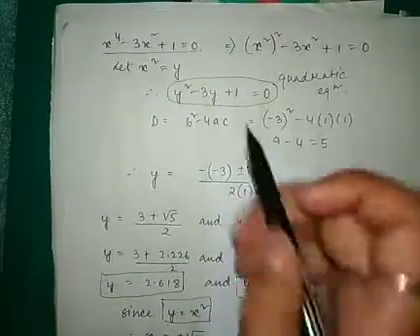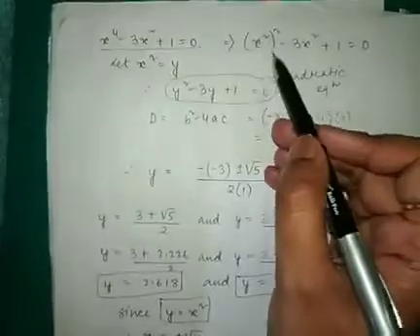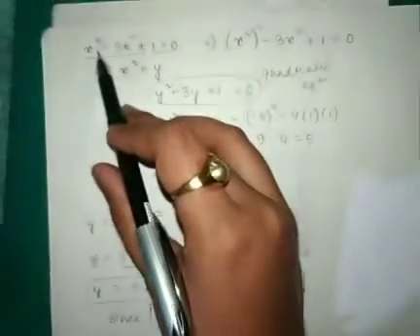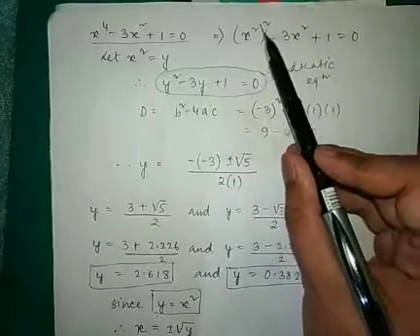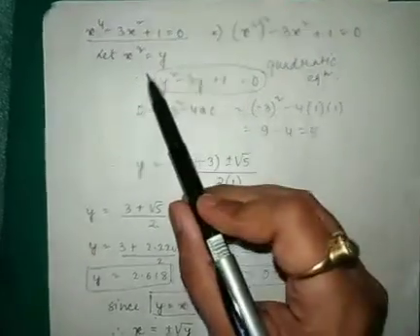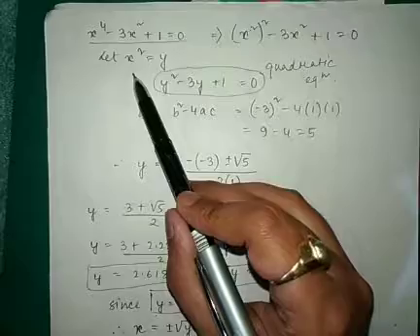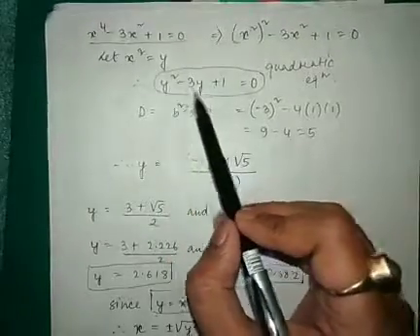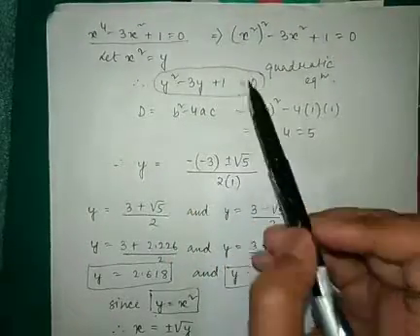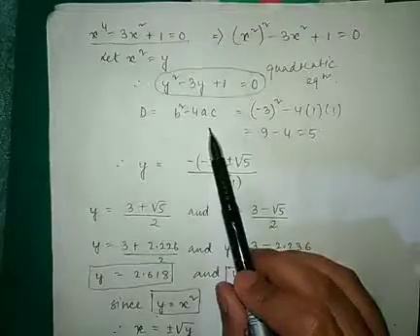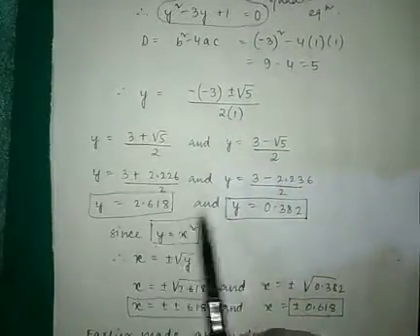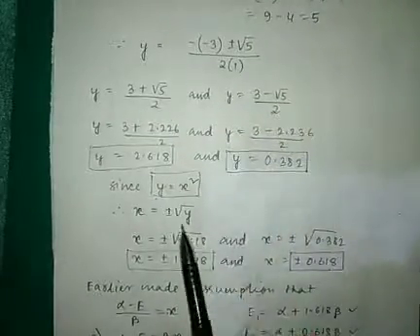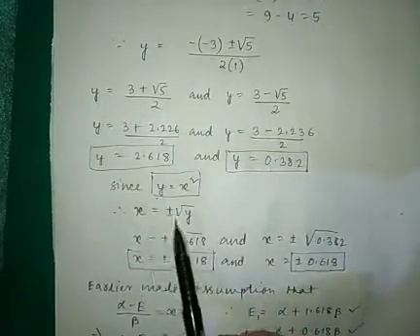After solving the expression, I have written x to the power 4 as x squared to the power 2. Then I have made another assumption, x squared equals y. Then it takes the form of a quadratic equation, and I used the simple quadratic formula to solve for y. After solving y, I got these 2 values. Then I solved for x because y equals x squared, so x equals plus minus root y.